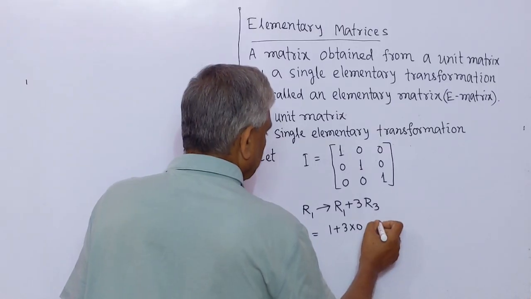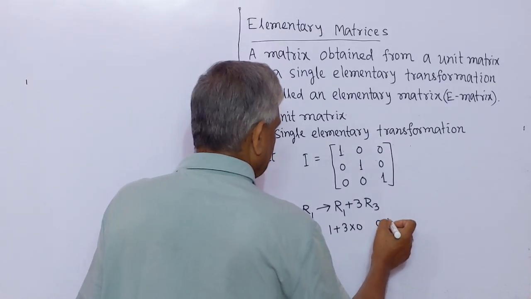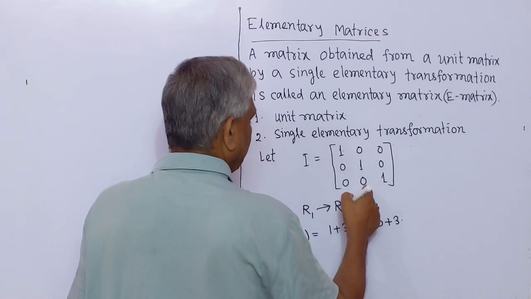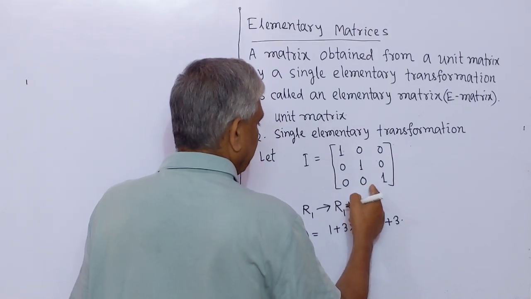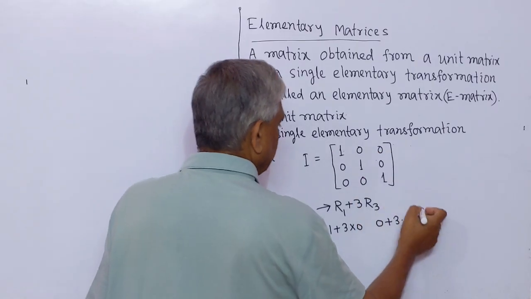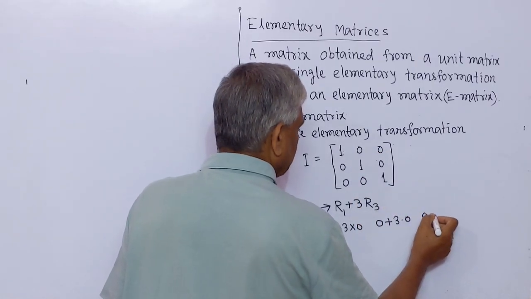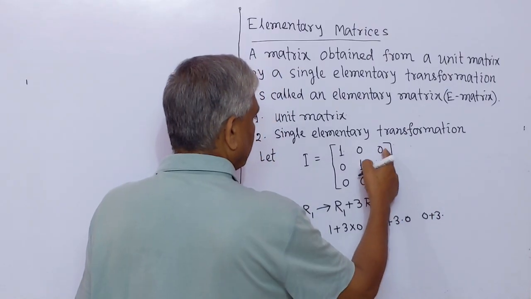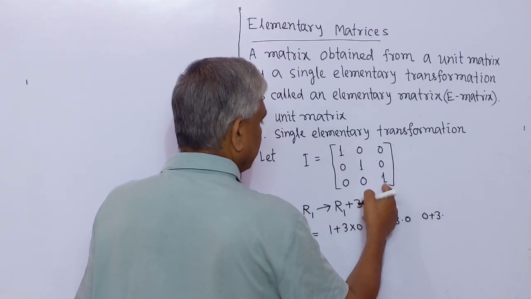Here 0 plus 3 multiplied by the corresponding element of row 3, 0. Here 0 plus 3 multiplied by the corresponding element of row 3, 1.